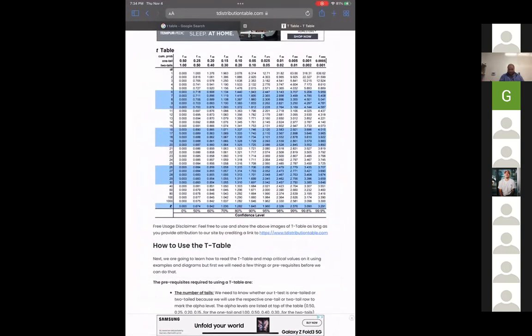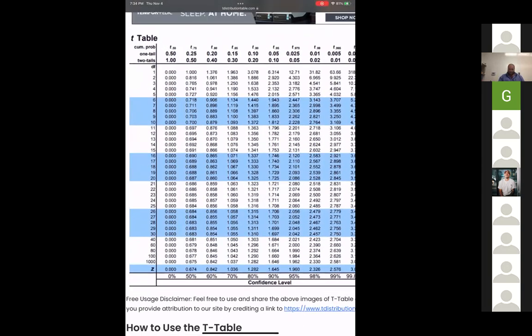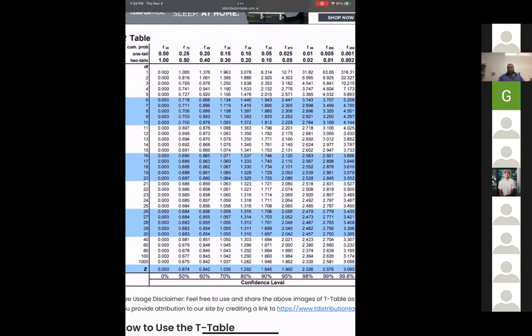So as I go back to that picture, I can see that at 95% confidence, if the sample size is equal to 10, what would my T star be? Well, 2.228 would be if my degrees of freedom is 10. If the sample size is 10, what's my degrees of freedom? The answer is 9. 9 degrees of freedom. And therefore, I go across to 9 and 95%, and I would get a T star of 2.262.